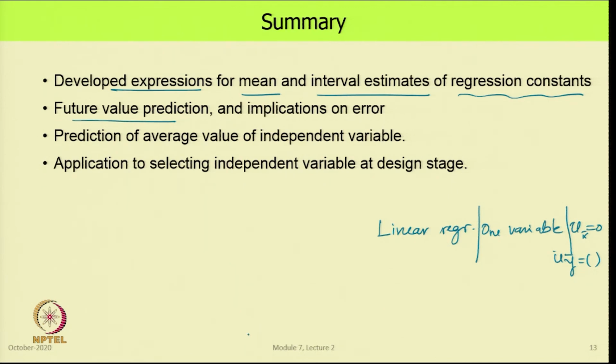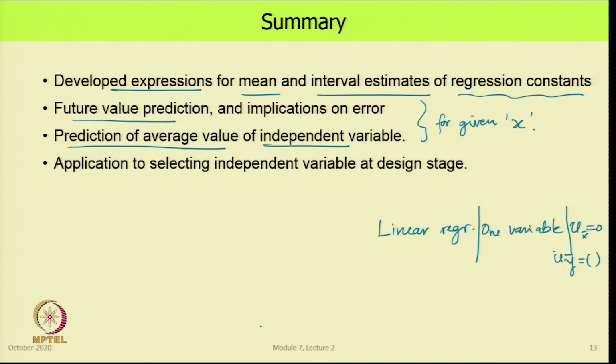Using it at the far ends, it gives larger uncertainty. Then we looked at an expression for calculating the average value of y, the dependent variable, for a given x, which is the independent variable.